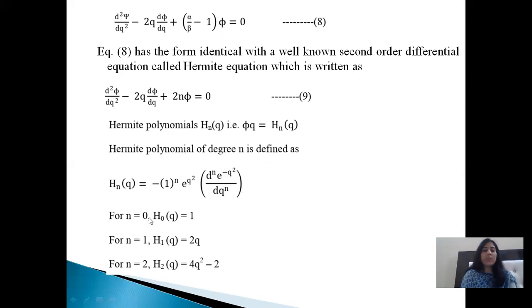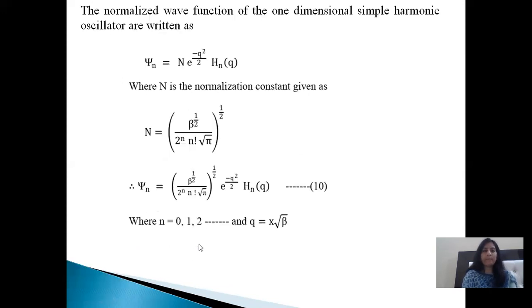When n is equal to 0, then H_0(q) becomes equal to 1. By putting n equal to 0 here, it becomes 1. Then we put n equal to 1, then H_1(q) becomes equal to 2q, and so on.